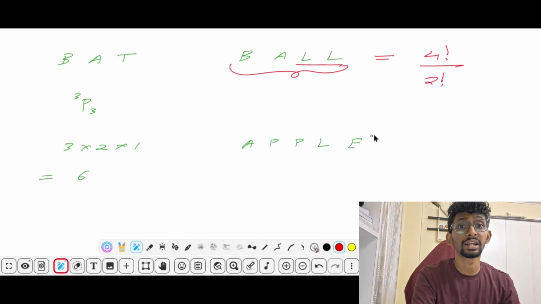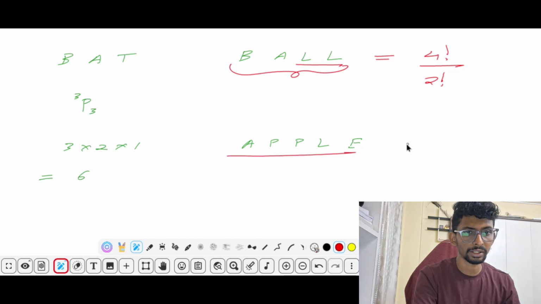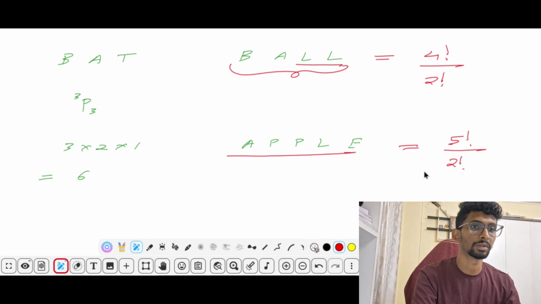Similarly, if some letters are repeating 3 times, we have to divide by 3 factorial. Now APPLE, total 5 letters, so 5 factorial divided by 2 factorial, since P is repeating 2 times. Now if we solve this, we will get the answer.